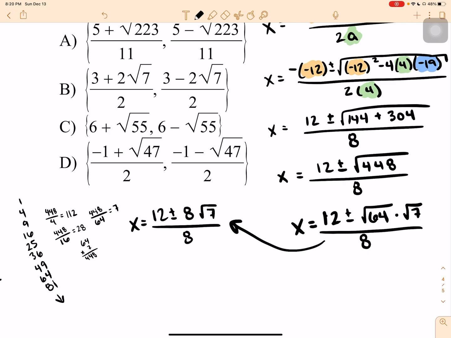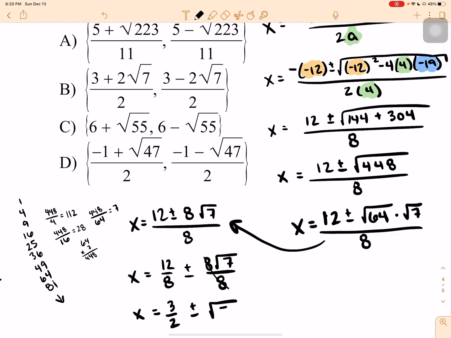The way you can simplify this is to split up that plus or minus, like 12 over 8 plus or minus 8 root 7 over 8. You can do that anytime you have two numbers up top being added or subtracted divided by the same number. Those are both divisible by 4, so I have 3 halves plus or minus, these cancel out, plus or minus root 7.